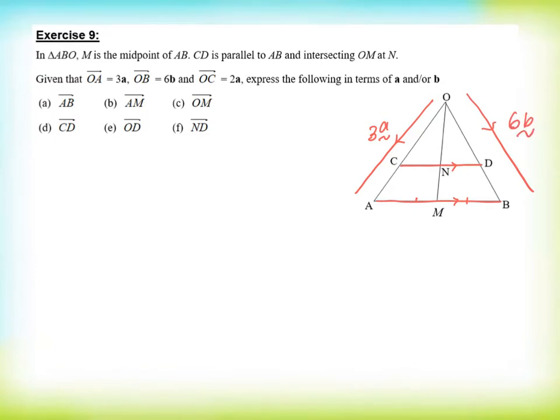O to C is now given to be 2A. Find in terms of A and or B the vector for AB.